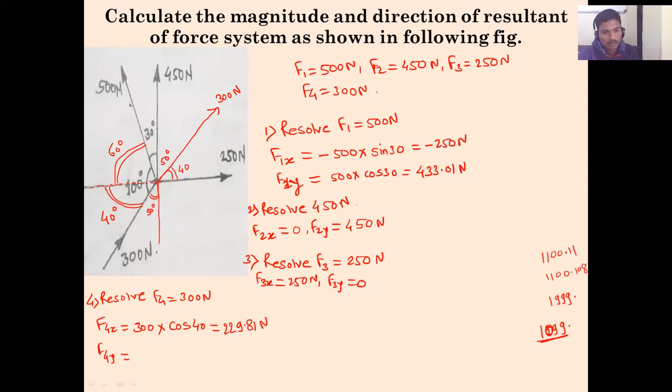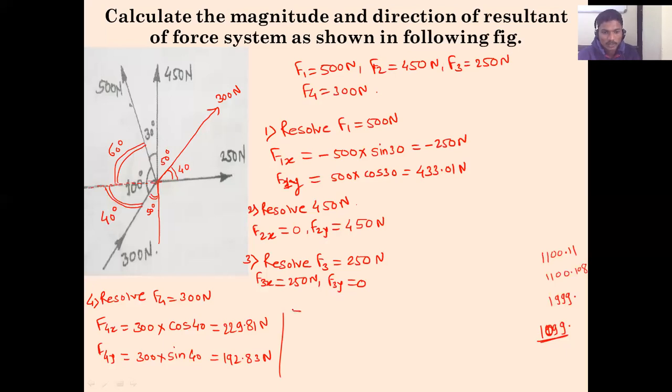Very good. Next one. 300 into sine 40. How much will it be? 192.83 Newton.